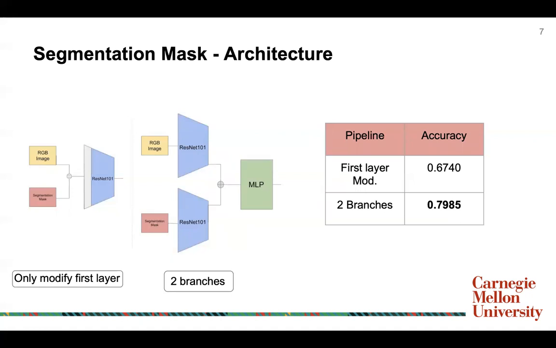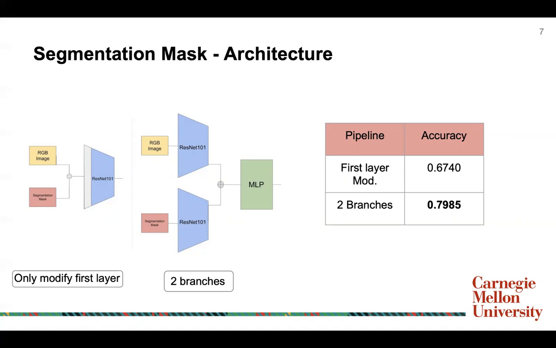The first, we only modify the first layer of the backbone by changing the convolution layer to accept 6 channel input. That's a really minor modification. The other architecture is a 2 branch architecture, where each branch is responsible for extracting the feature for the RGB image or the segmentation mask separately. Then we concatenate the embedded features into one vector and feed it into the MLP for final prediction.